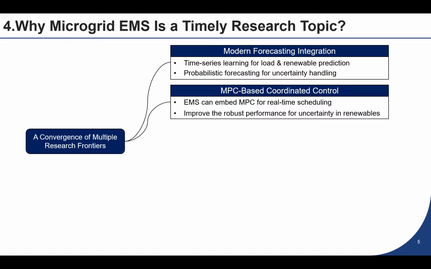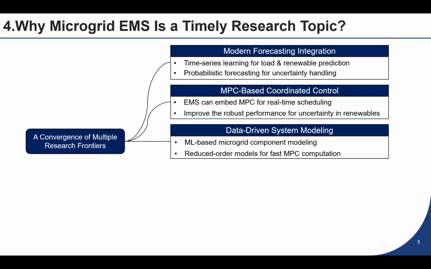Second, microgrid EMS can naturally embed model predictive control. MPC optimizes control actions based on prediction horizons and handles operational constraints very effectively. For renewable-rich microgrids, MPC helps maintain system robustness and improve coordinated operation across dispatchable energy resources.